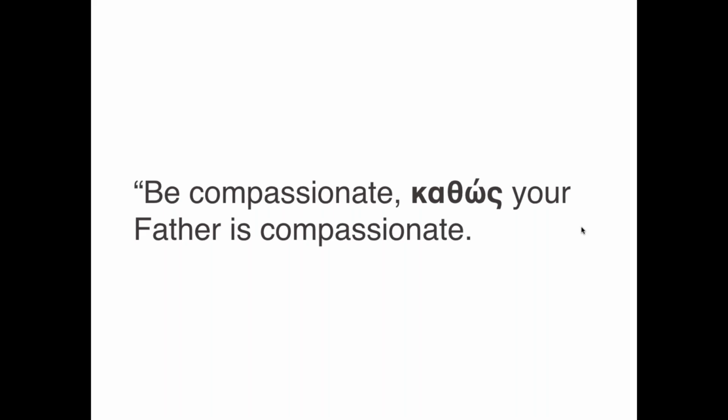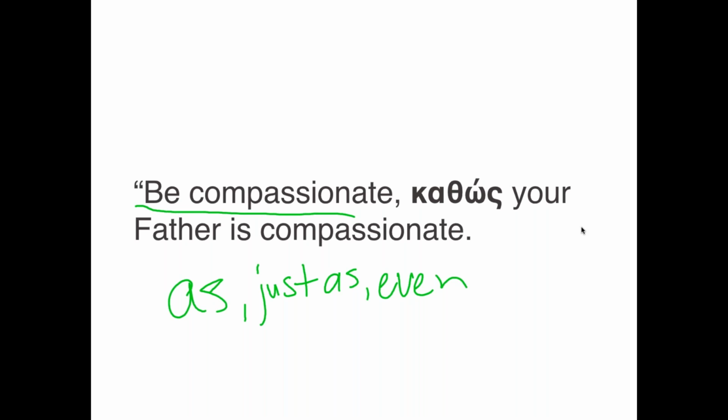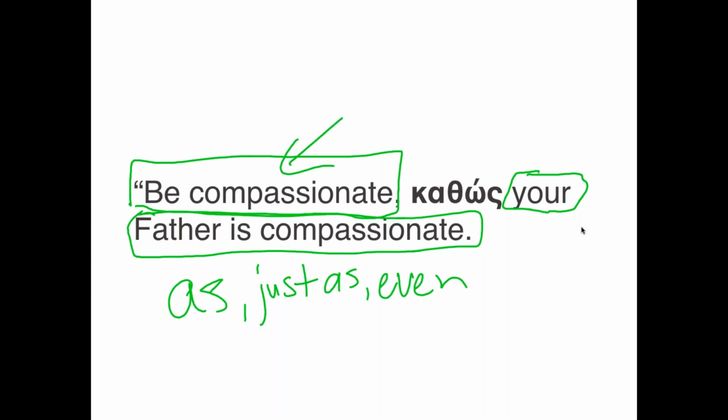This is a little bit funny. I don't know if we have a word in English that conveys this idea exactly, but if you were to pick one word, it would be "as." But usually it's rendered as "just as" or "even as." So it's this idea of connecting these two. How am I supposed to be compassionate?